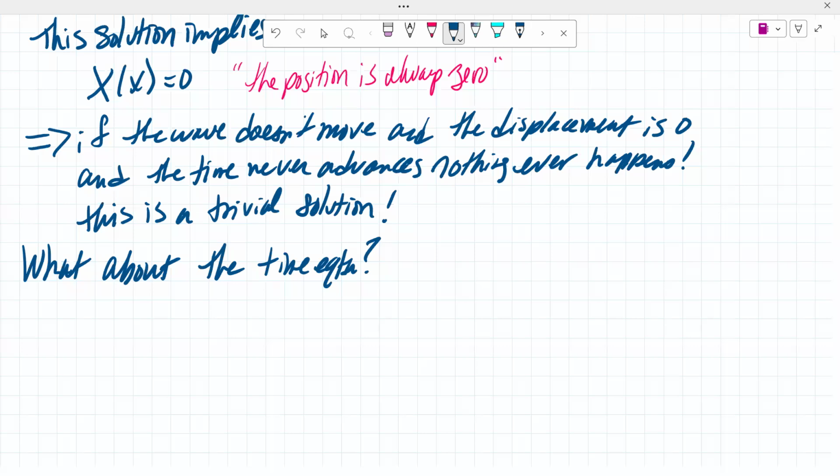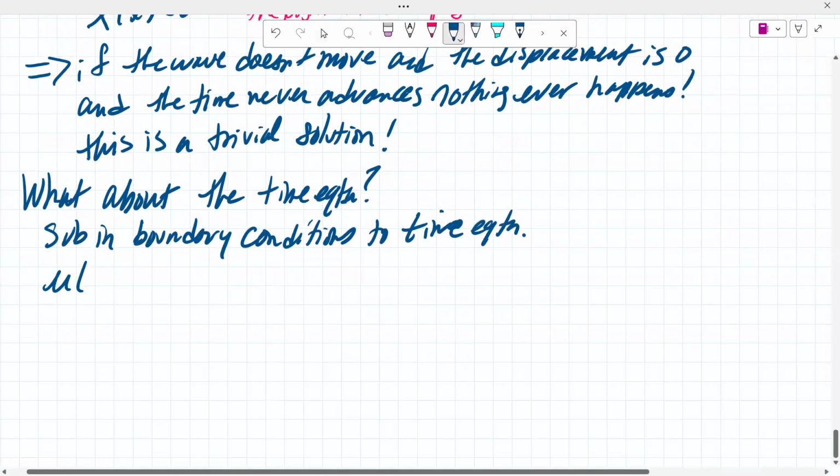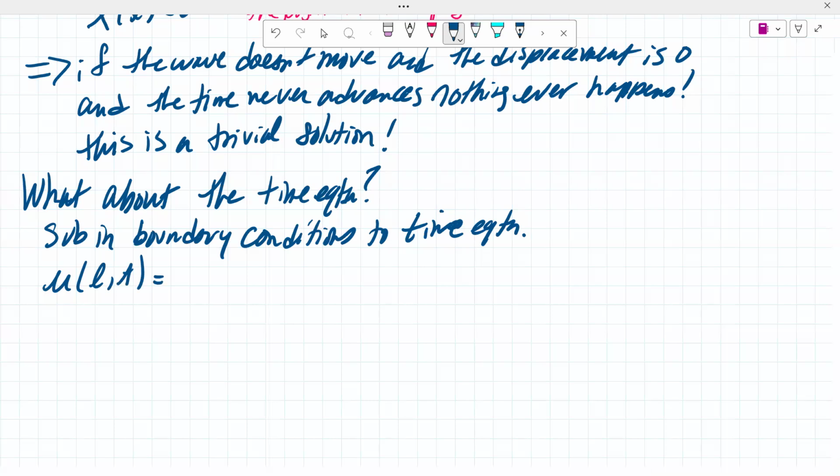So we can substitute in the boundary conditions to the time equation. So we're going to have u of L and t equals X of L. This is very analogous to the one we just did, so I'm going to move along a little bit quickly on this one.